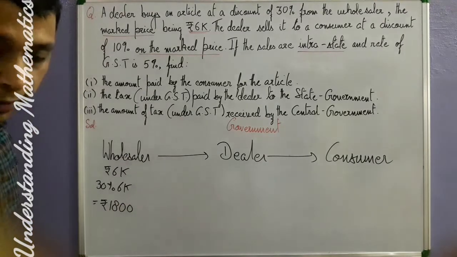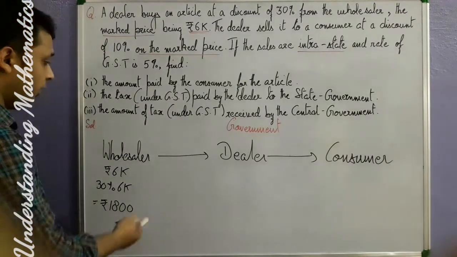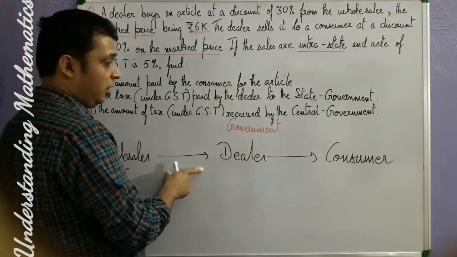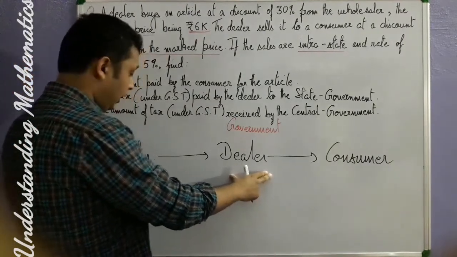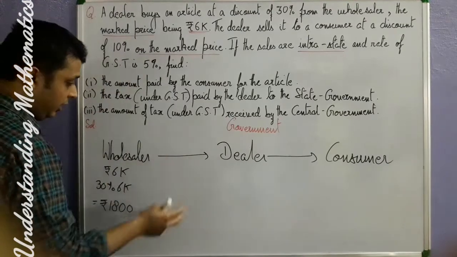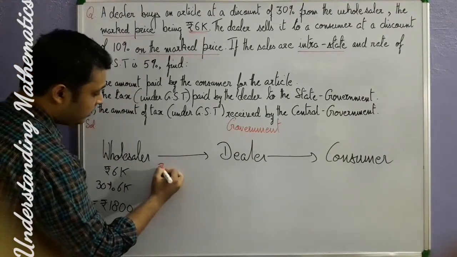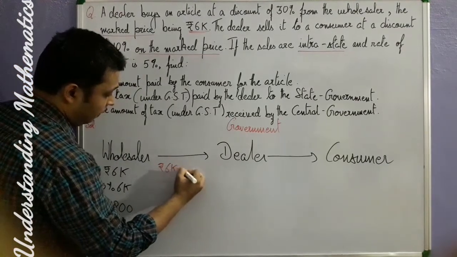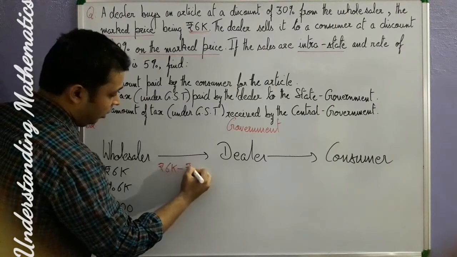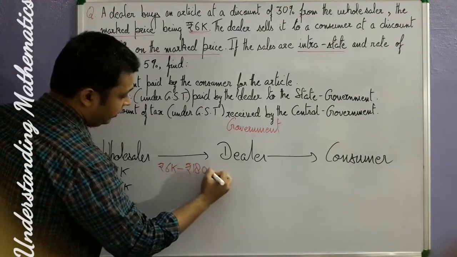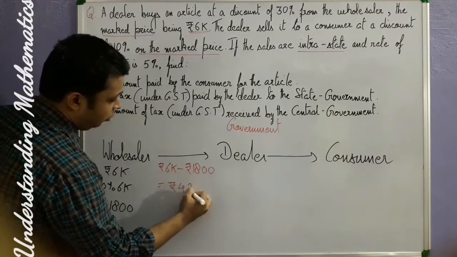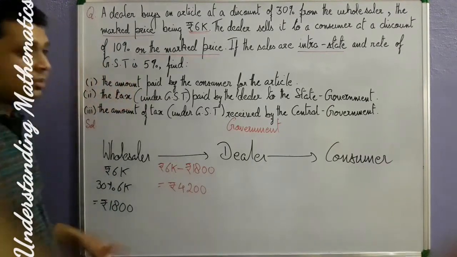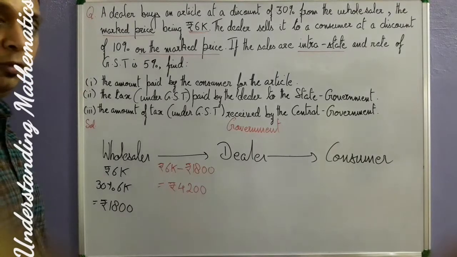Clear? So after subtraction, what do we get for the transaction amount? The amount at which the dealer buys it from the wholesaler is nothing but rupees 6,000 minus rupees 1,800. So this will give us rupees 4,200.